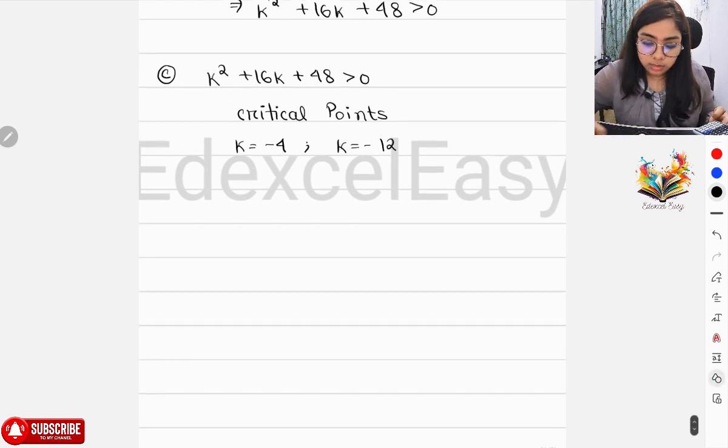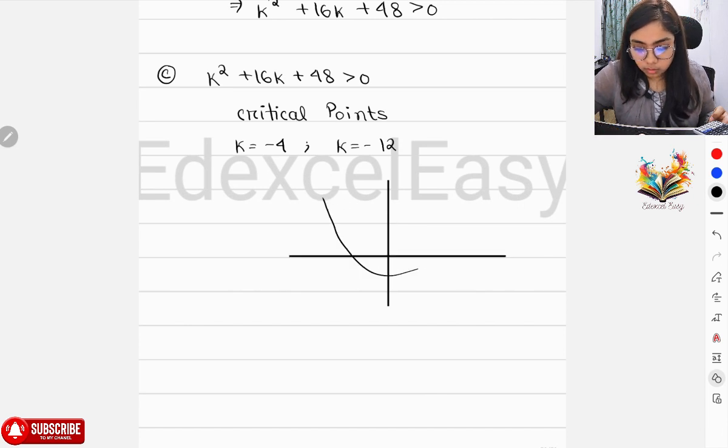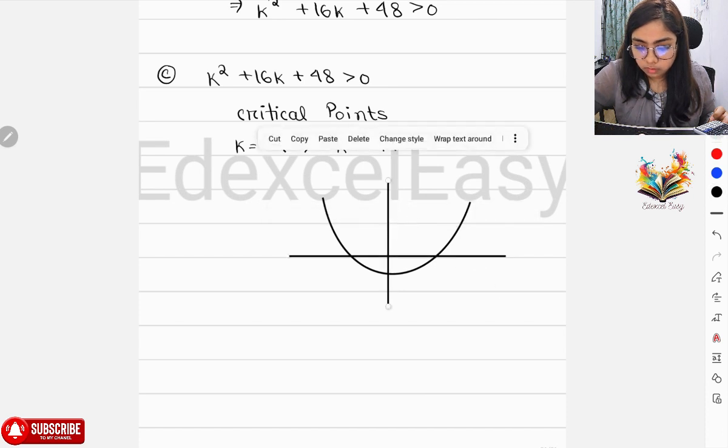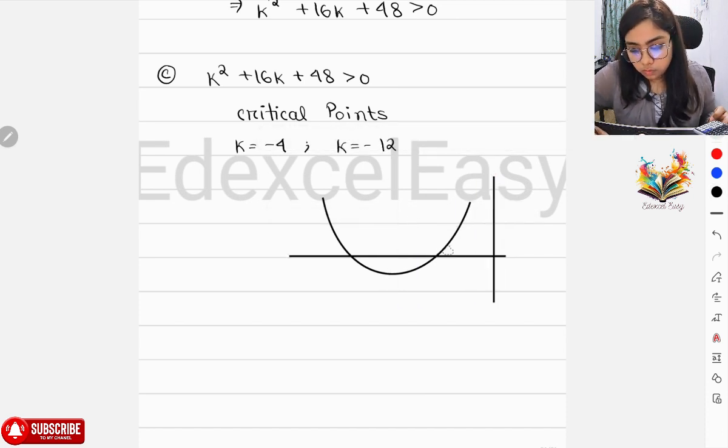And for that part, as this is for the greater than region and this was a positive quadratic graph, this is how the graph would look. This was exactly on the negative axis, right? So I'll write this over here: this is negative 12 and this is negative 4.